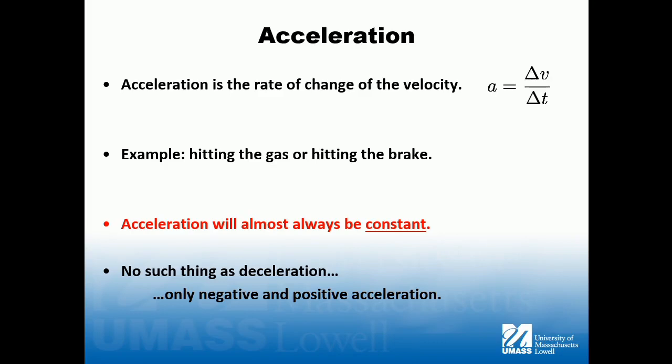If there's no change, delta v is 0, meaning acceleration is 0. If delta v is greater than 0, it implies acceleration is positive. But that does not imply that the object is moving fast. Okay? So, remember, it's delta v over delta t.